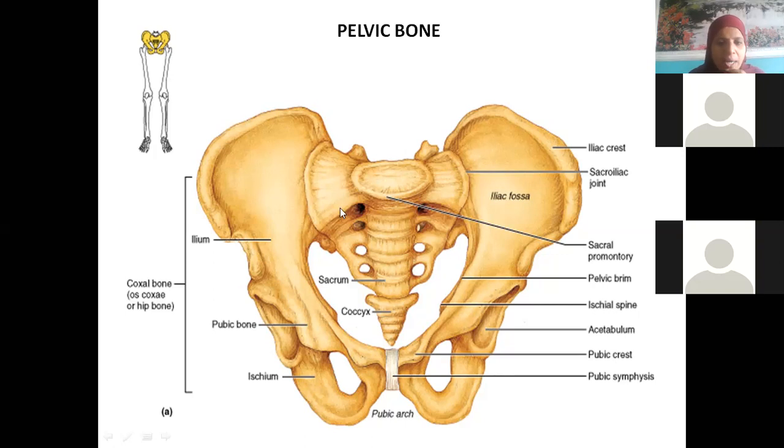False pelvis. And the area below the pelvic brim, if you take the arrow downwards towards the outside, which pelvis is that? The true pelvis. Why is it called the true pelvis? The area below the pelvic brim. I gave you the reason also.